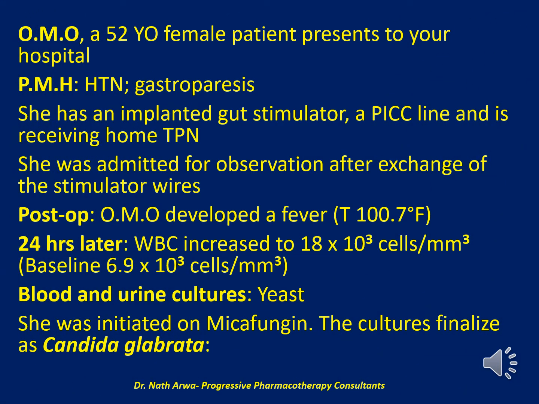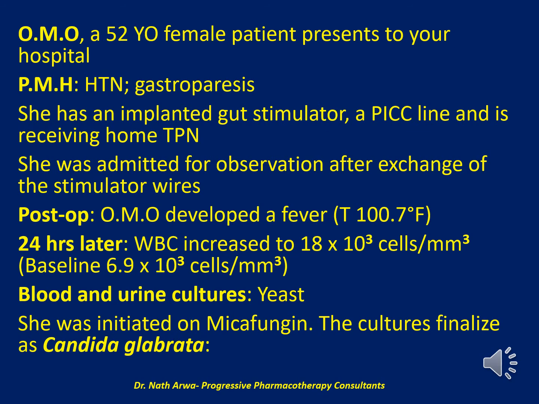And the next question reads, OMO, a 52-year-old female patient presents to your hospital with a past medical history significant for hypertension and gastroparesis. She has an implanted gut stimulator, a PICC line, and is receiving home TPN. She was admitted for observation after exchange of the stimulator wires.